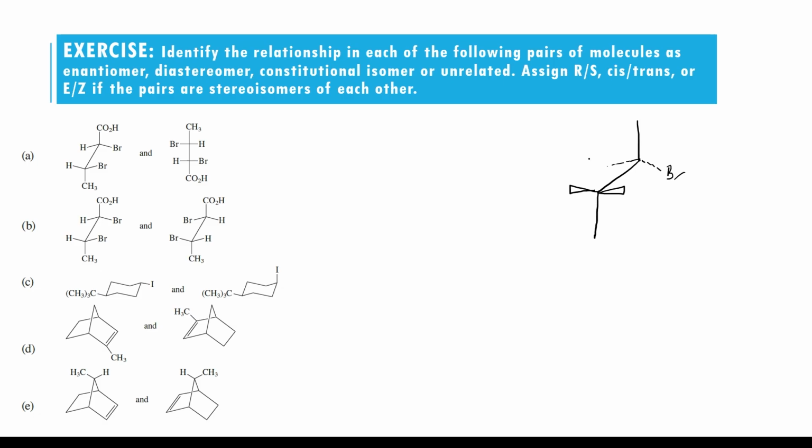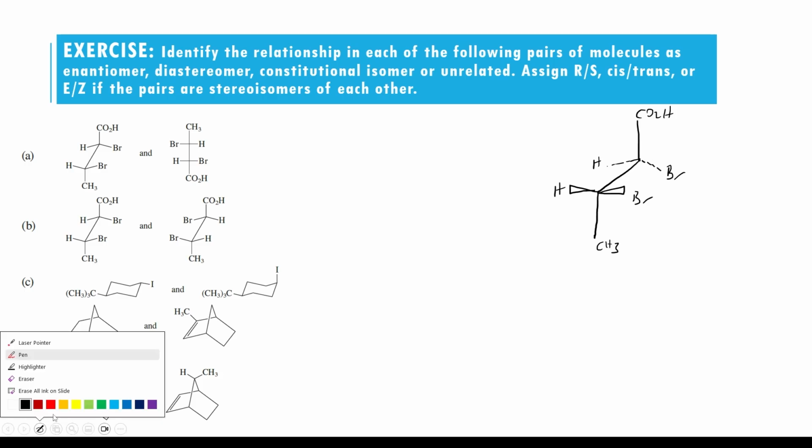So let's write, this is bromine and hydrogen. This one is carboxylic acid. This one is methyl. This one is hydrogen and bromine. Now we can clearly see the two chiral centers and the relative 3D arrangements of the groups around the chiral centers.